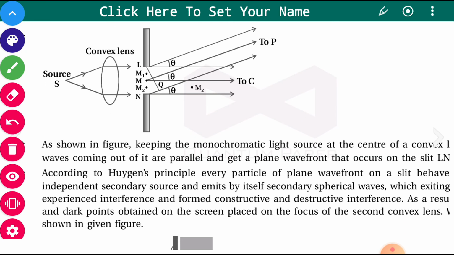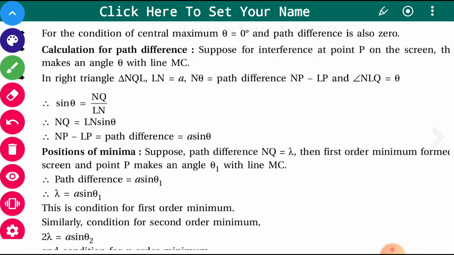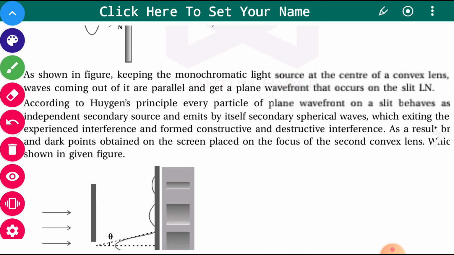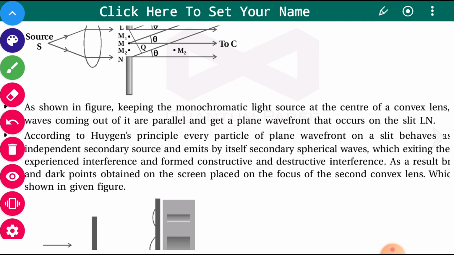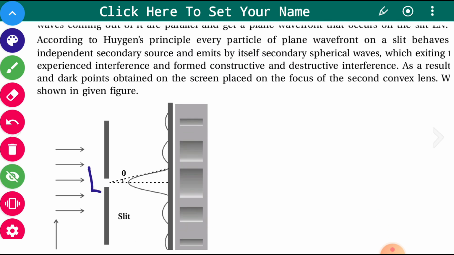So sin theta is NQ upon LN, that is opposite upon hypotenuse.